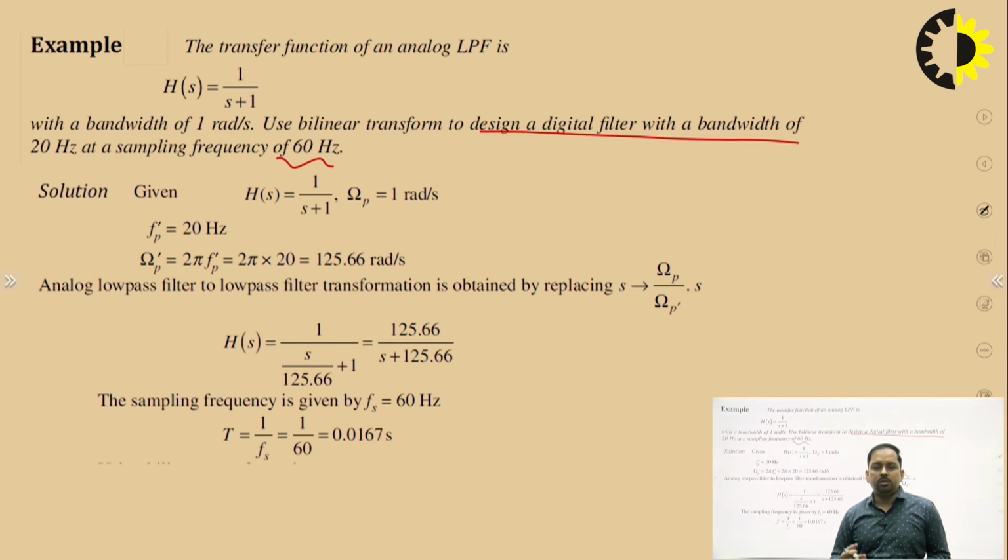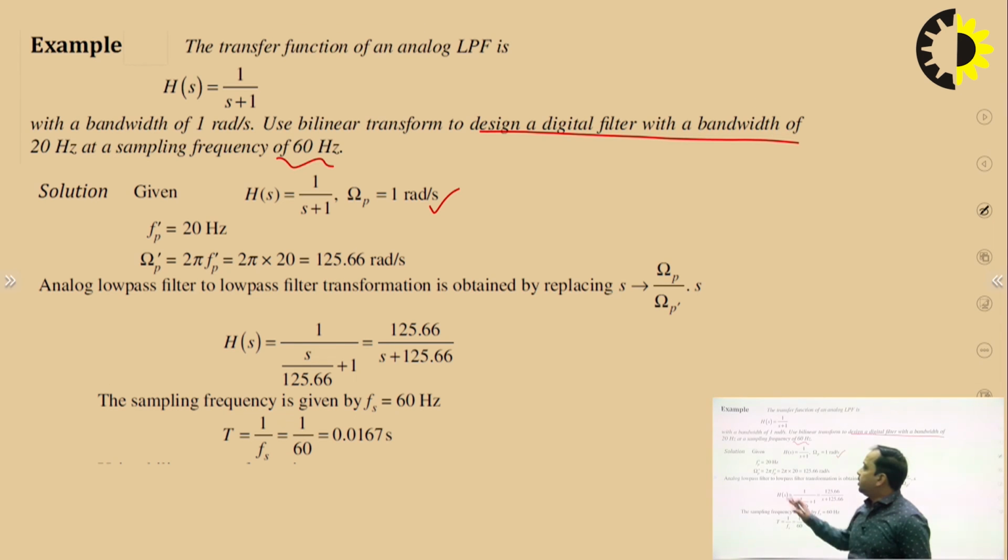So generally we observe that the sampling frequency must be greater than 2 times the highest frequency component. We have the analog frequency given by the bandwidth of 1 radian per second. That means the bandwidth of this particular filter is 1 radian per second, which can be represented as Ωp. The symbols are quite important over here.